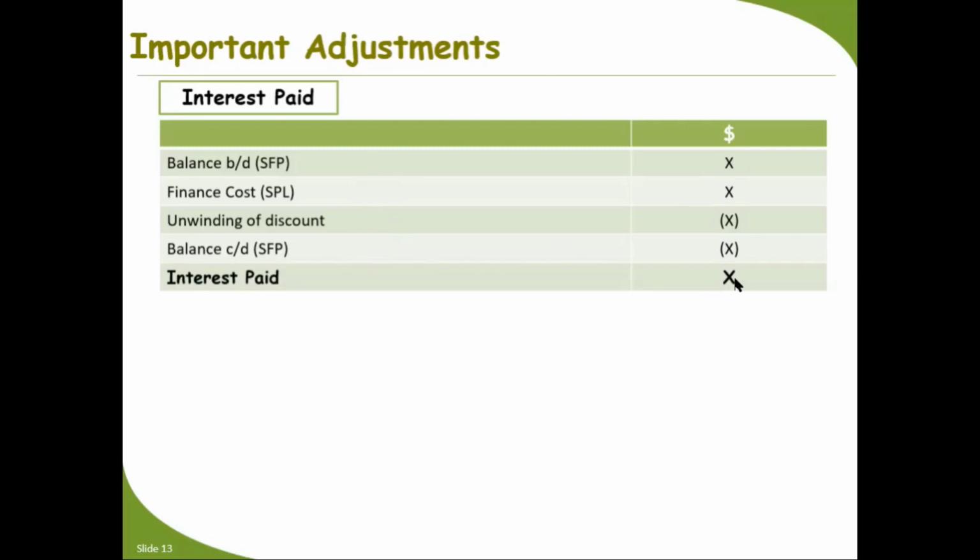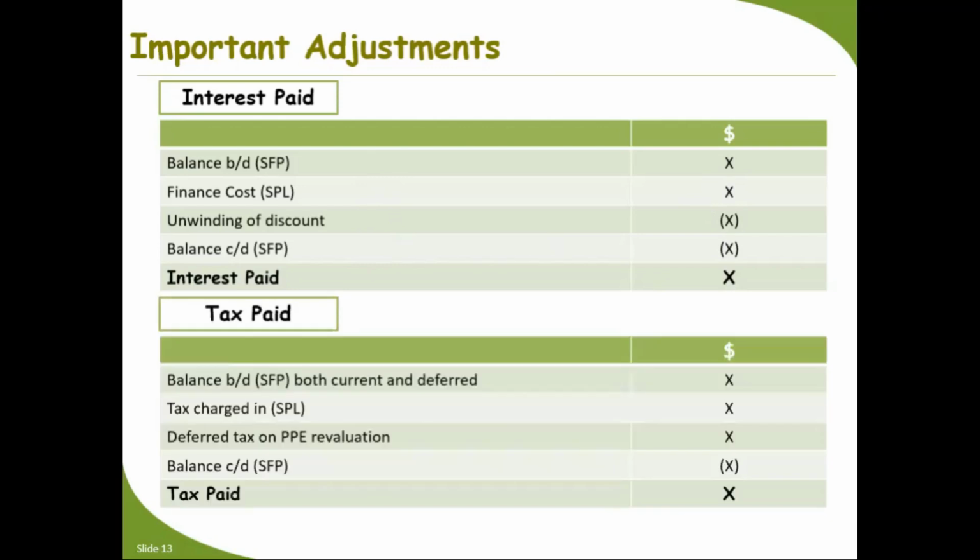These workings are also very important, because in your section A and section B, the examiner will test such workings. Then we have tax paid adjustment, which starts with the balance brought down, which would be in SFP, both current and deferred. This is important. You will add both deferred taxation as well as current taxation.